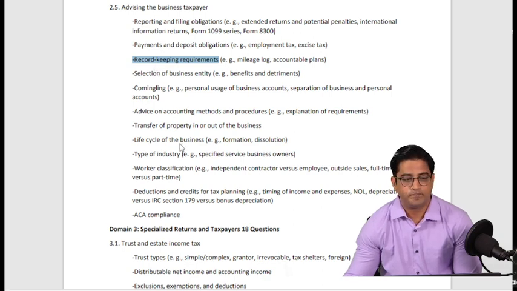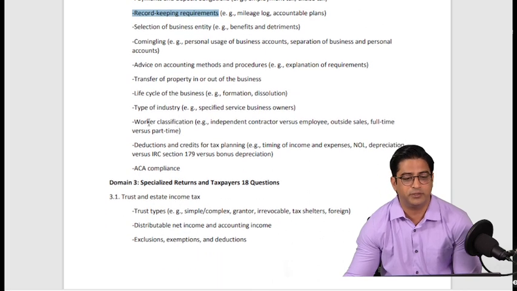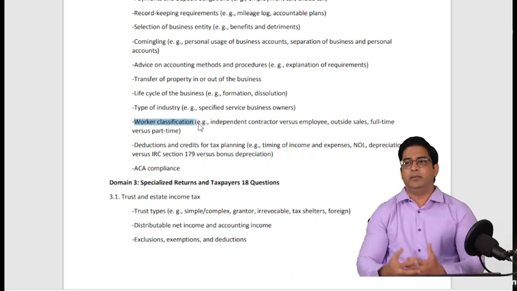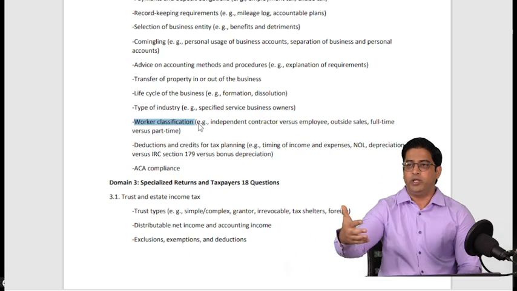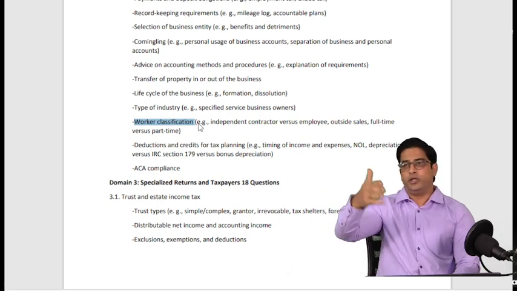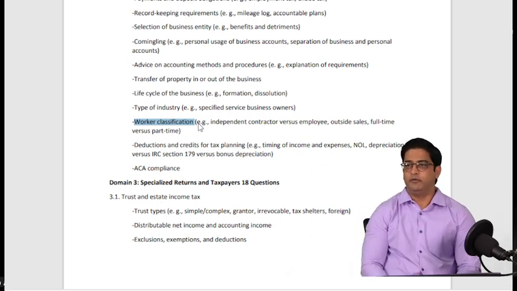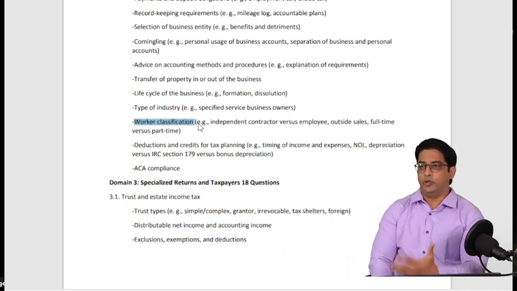Yes. So life cycle of the business, the type of industry, and worker classification. Usually a worker will be either an employee or an independent contractor. If you are an employee, you'll be straight away reporting to your employer. Correct? You are working for TCS. TCS is your employer. You are an employee.